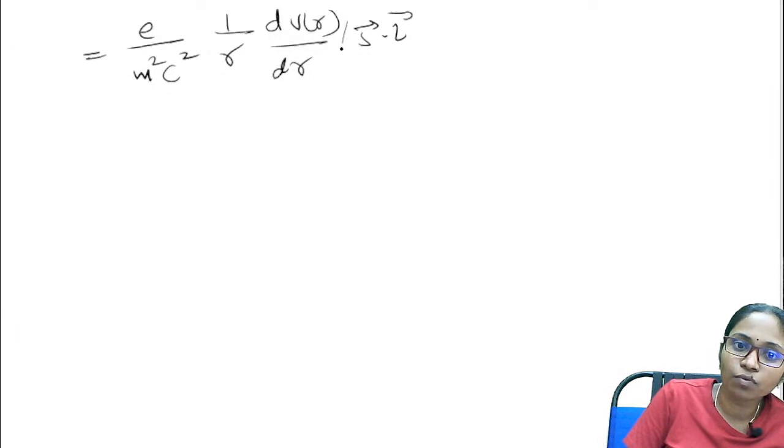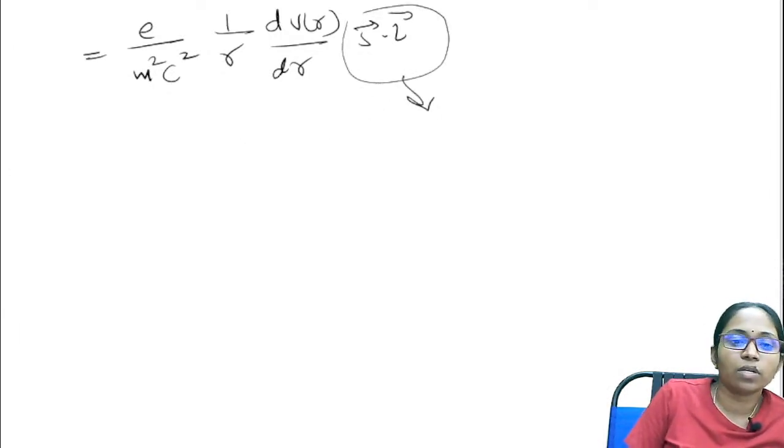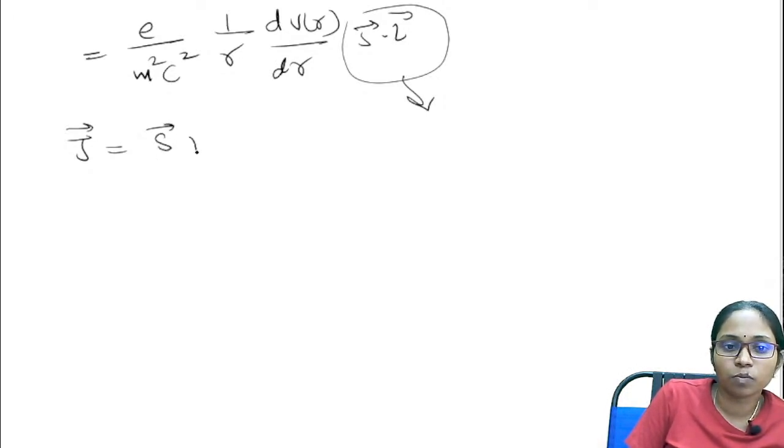Now we have to find out this S bar dot L bar. Will you find this out from the total angular momentum? We know that this will be the sum of spin angular momentum and orbital angular momentum, right?